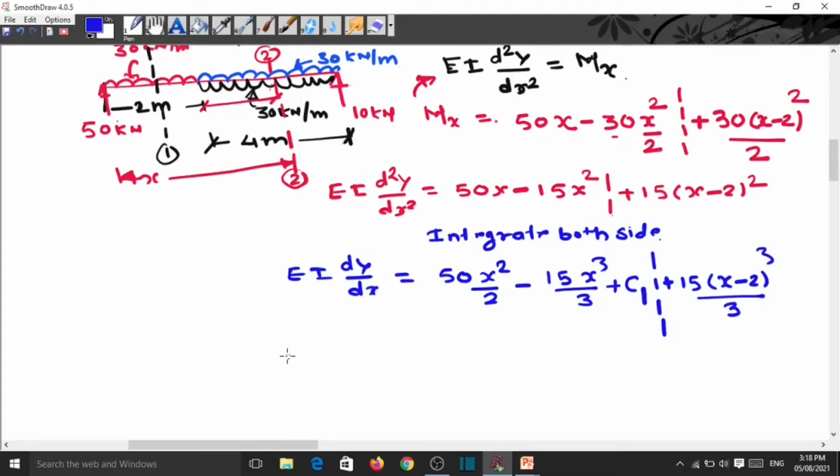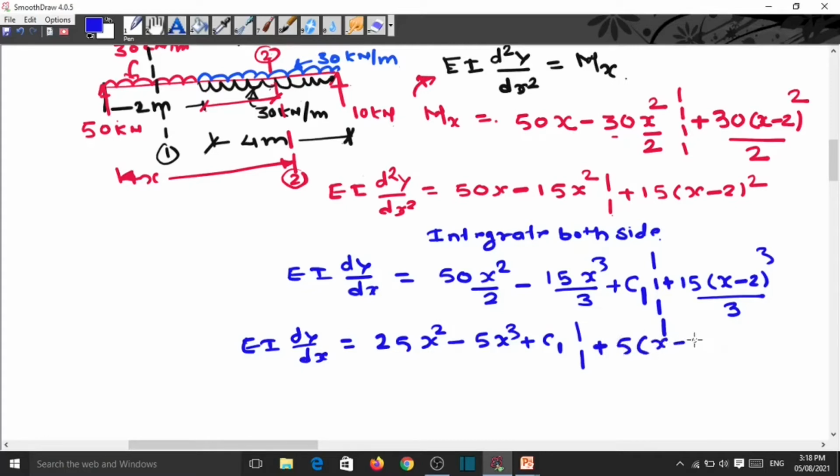Simplifying, EI dy by dx is equal to 25 x square minus 5 x cube plus C1, then the section, plus 5 bracket x minus 2 raised to power 3. This is our slope equation.